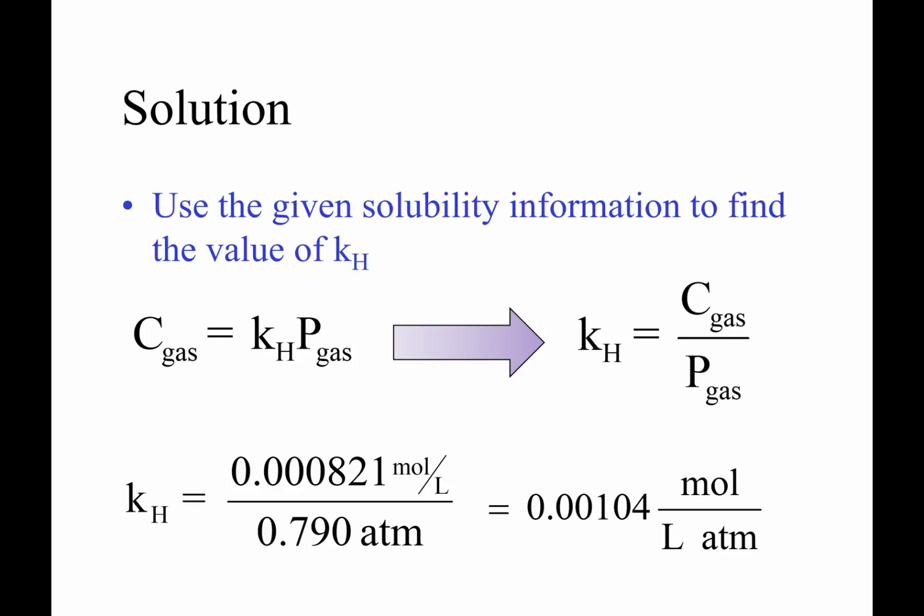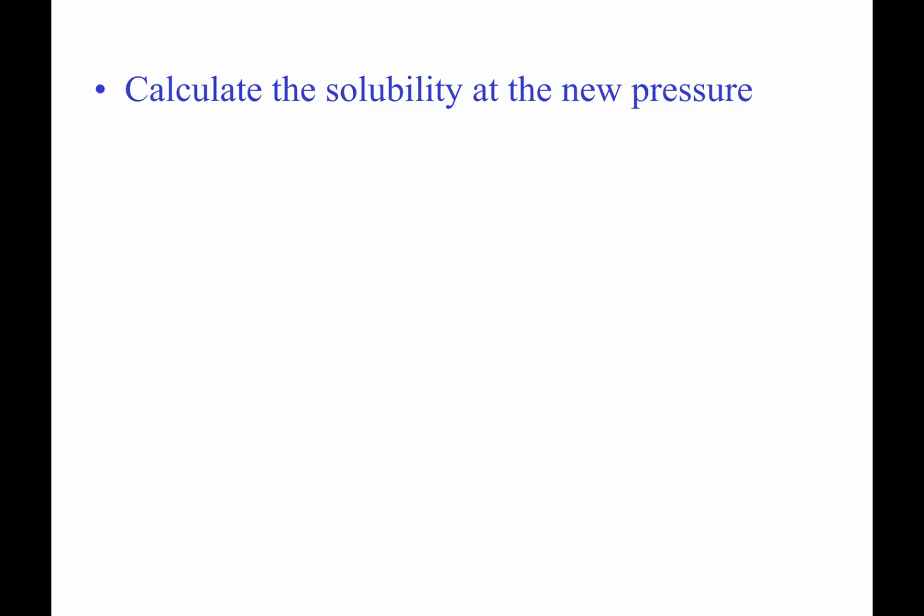As we talked about on Friday, units would be molarity per atmosphere of pressure. In this case, we'll take molarity and break it out into moles per liter per atmosphere. So then, all we've got to do in the next problem is use that as our KH, and with the new partial pressure, solve for the solubility of the gas.